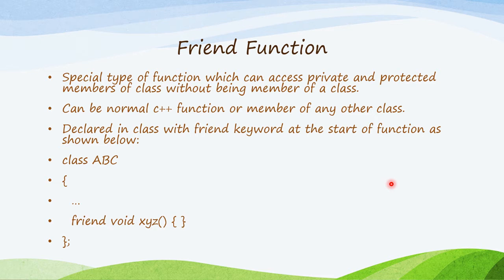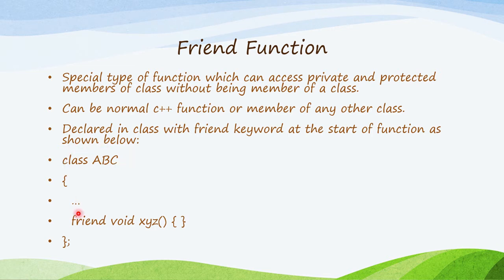But now we have a special function, we call it friend function, which can access private and protected members of our class. It can be a normal C++ function or a member of any other class, and it is declared within the class with the friend keyword at the start of the function as shown below.